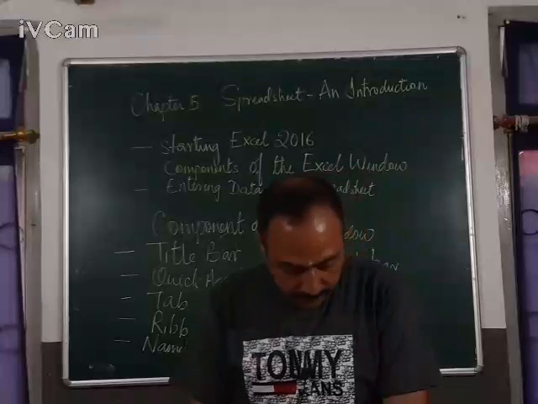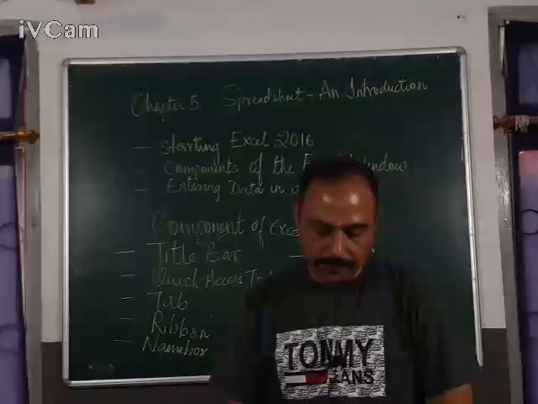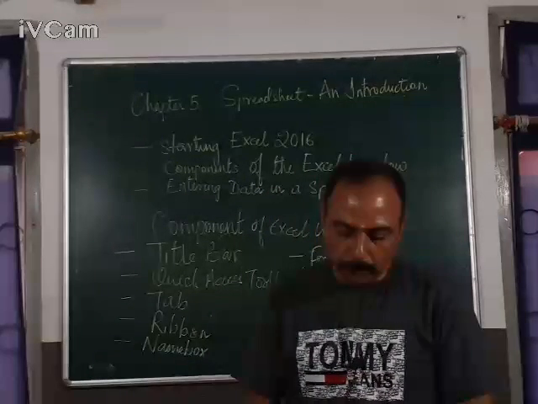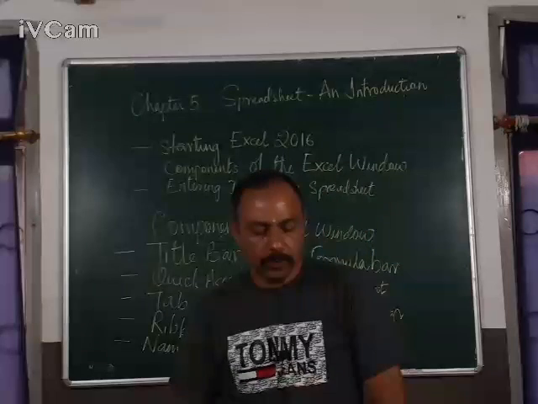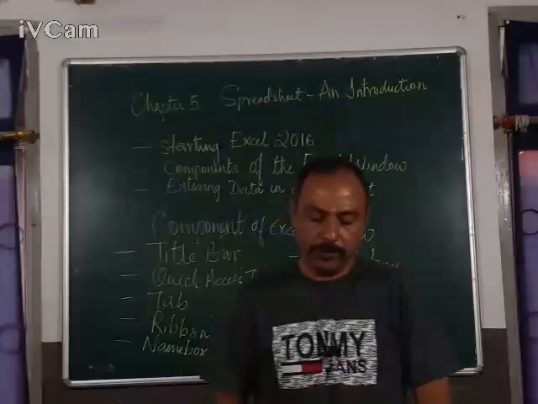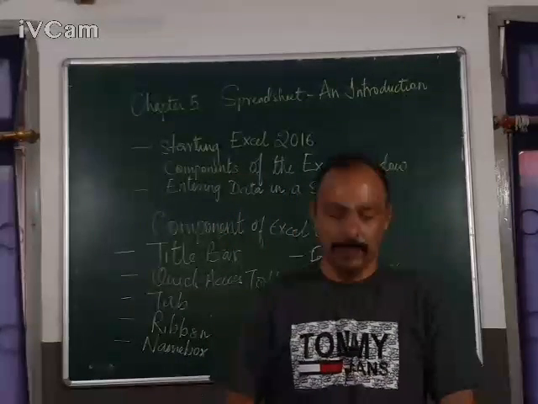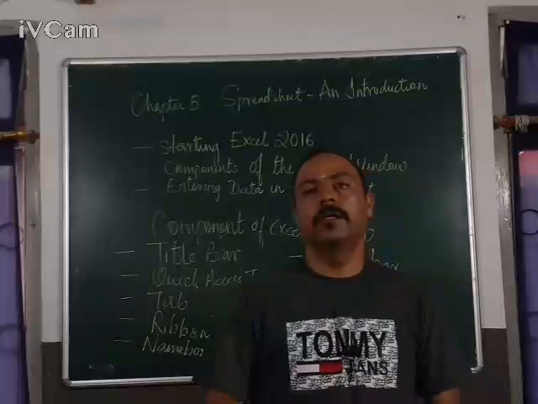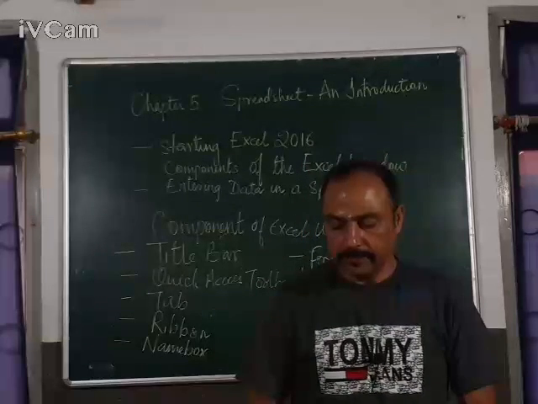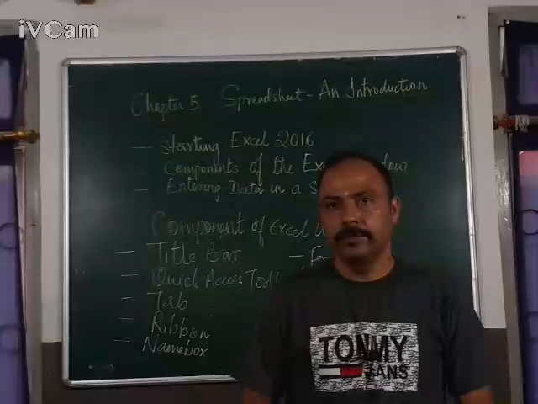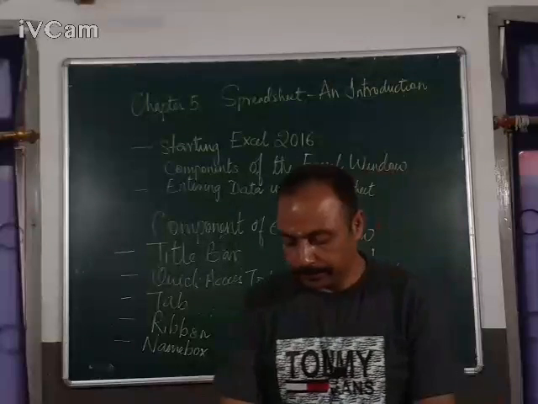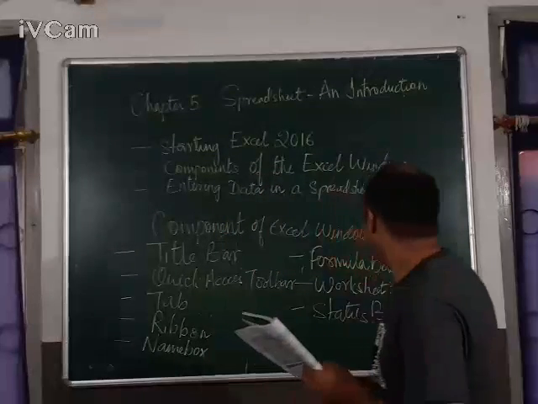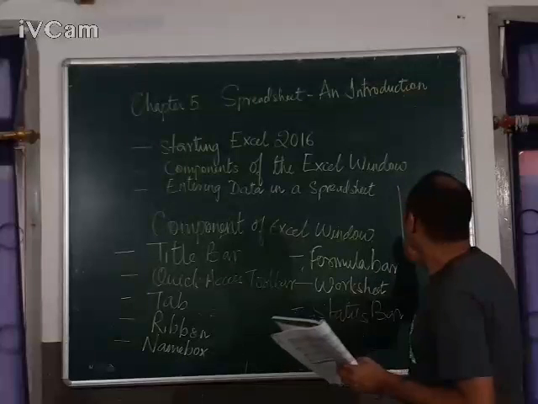That is the ribbon. The next one is the formula bar, located below the ribbon, and it displays information about the active cell. So as you know that the Excel consists of rows and columns.